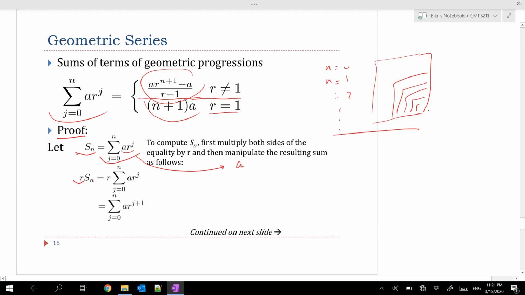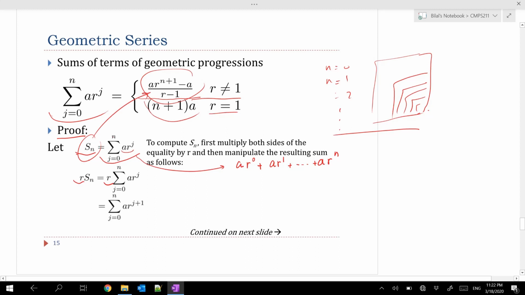It's a times r to the power 0 plus a times r to the power 1 plus, and so on, a times r to the power n, from j equals 0 to n included. Good. What if we multiply this summation by r? Don't forget, we want to make sure that this is equal to that thing here.